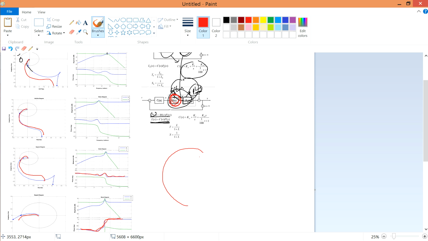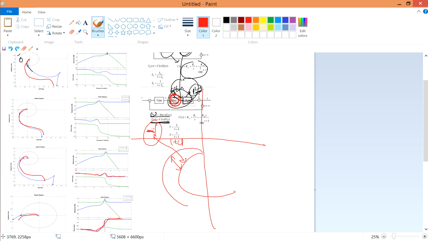Meaning this one and this one, we are measuring their difference against 1 plus CP. This is the -1 point over here, your plot, and this is -1. This is just measuring, and this is the Doyle stability criterion.